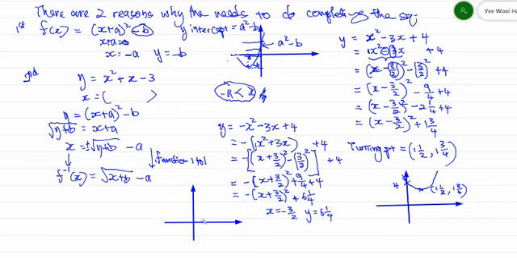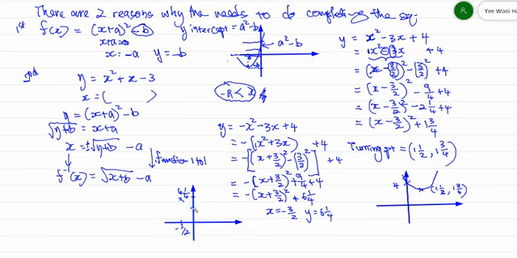Okay, now so x is minus 3 over 2, y is 6 and 1/4. So the point is here. Since this is a minus, a maximum curve, it will go this way. Now if you put x equal to 0, you get y equal to 4, which is the y-intercept.